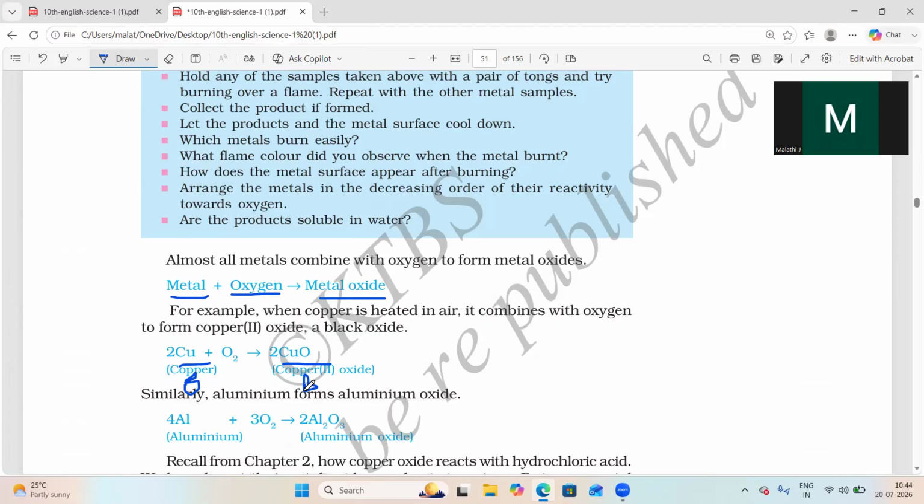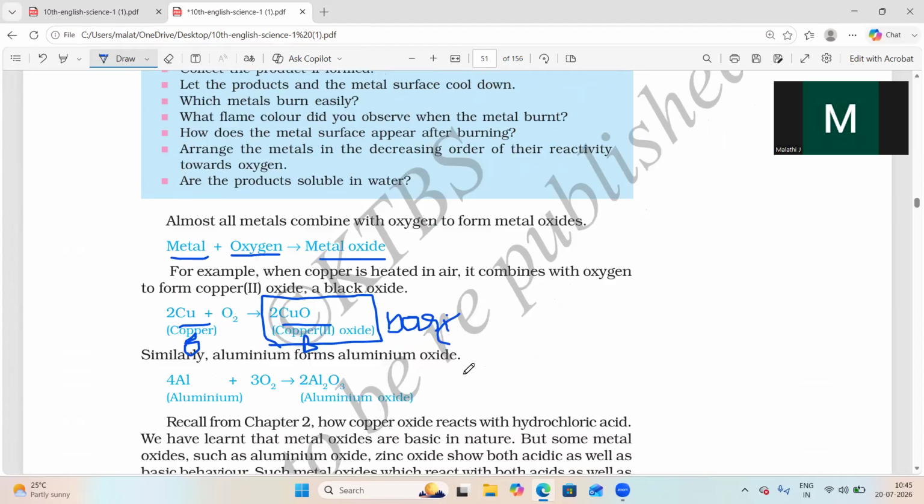The metal oxide we get as a product when a metal reacts with oxygen is basic in nature. This is very important: when metals react with oxygen, the product metal oxide is basic in nature.